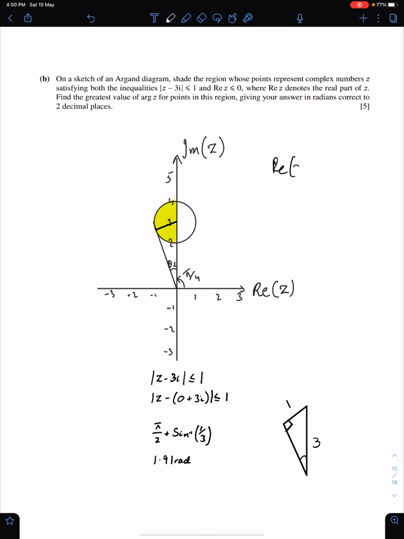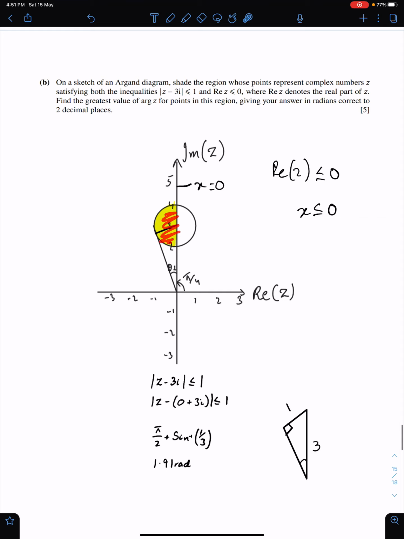Real part of z means x is less than or equal to 0, and this is the equation x equals 0. Since they are saying x is less than or equal to 0, you need to shade this side. And according to the equation of the circle, you need to shade this. So this is the required region.